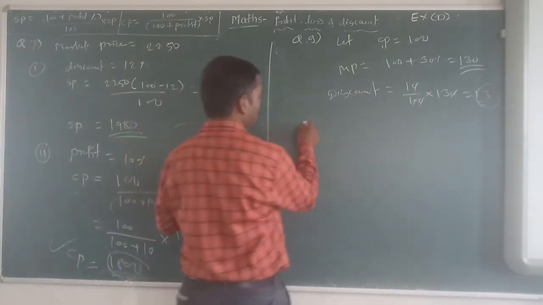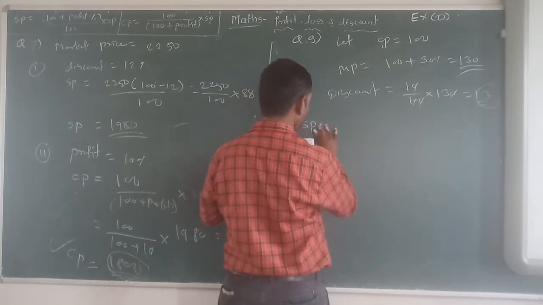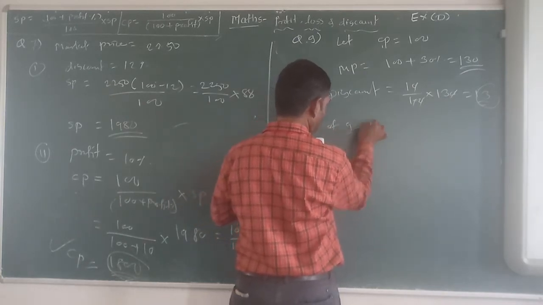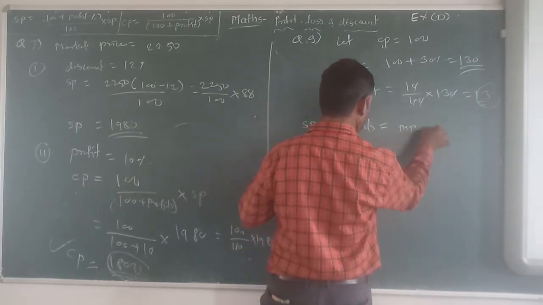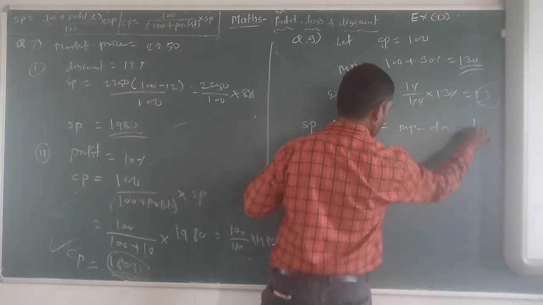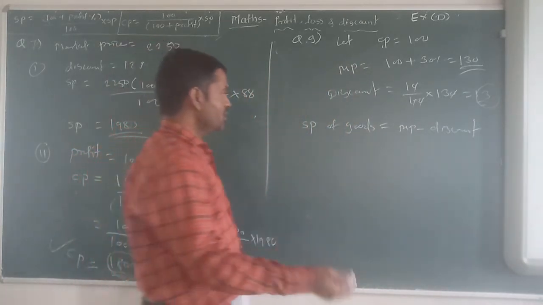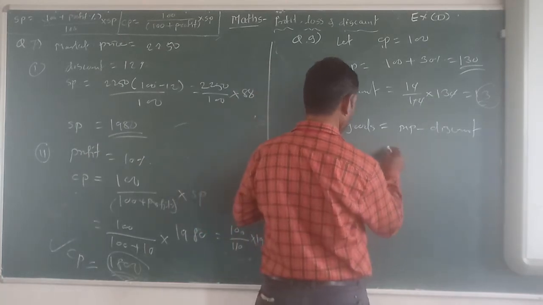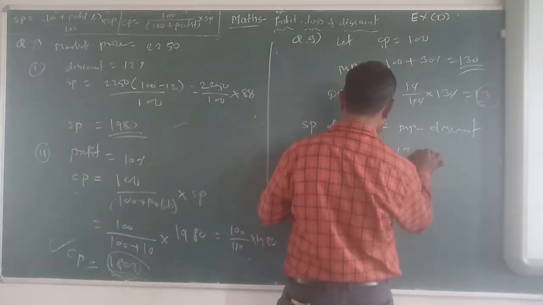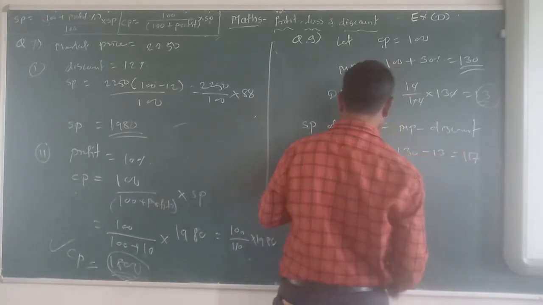Then SP of the goods is MP minus discount. How can we find the SP? We have to subtract the discount from the MP. So 130 minus 13 is equal to 117.